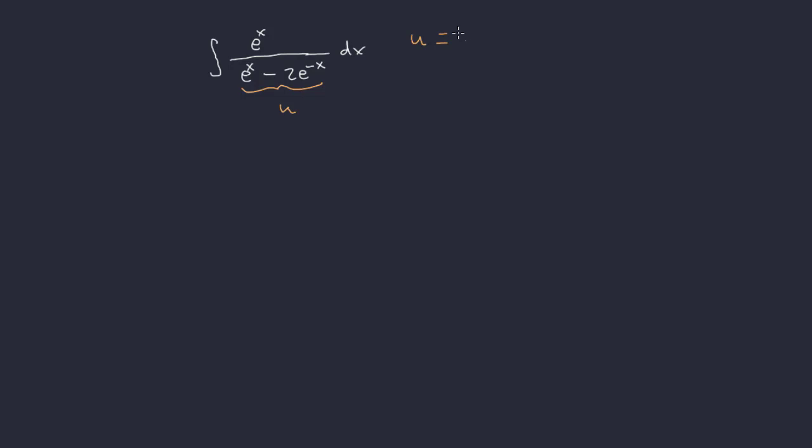Because if we say that U is e to the x minus 2e to the negative x, our du is going to be e to the x minus another minus, so plus 2e to the negative x dx. And that's more than what we actually have. Okay, so we're going to try and use a funky 1 here.